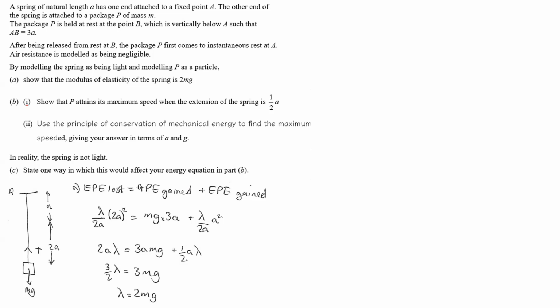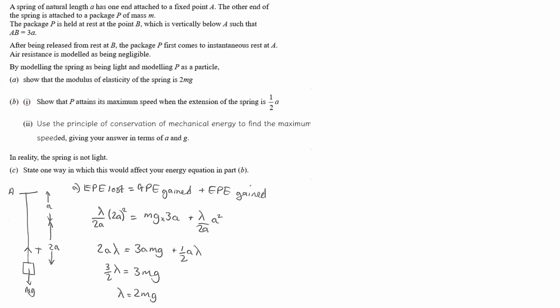The gravitational potential energy gained, well, it's gone all the way to the top, so it's gained mg times 3a. And now the elastic potential energy gained is lambda over 2a times the extension squared.